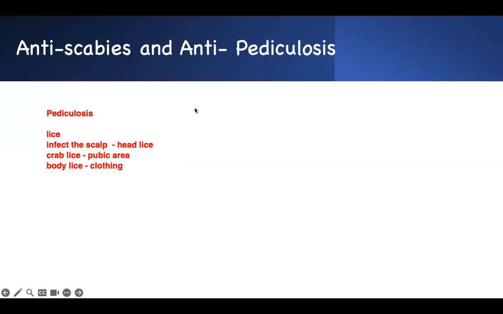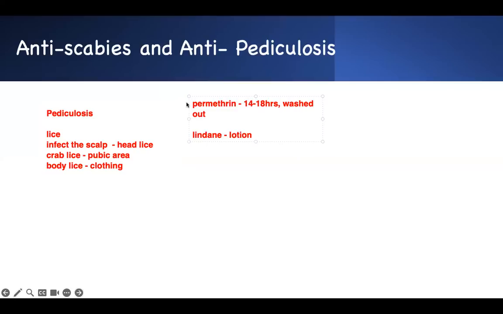The same medications can be used. One is Permethrin. Same principle: 14 to 18 hours, then you wash it out. If you use Lindane, there are two types. There's a lotion.